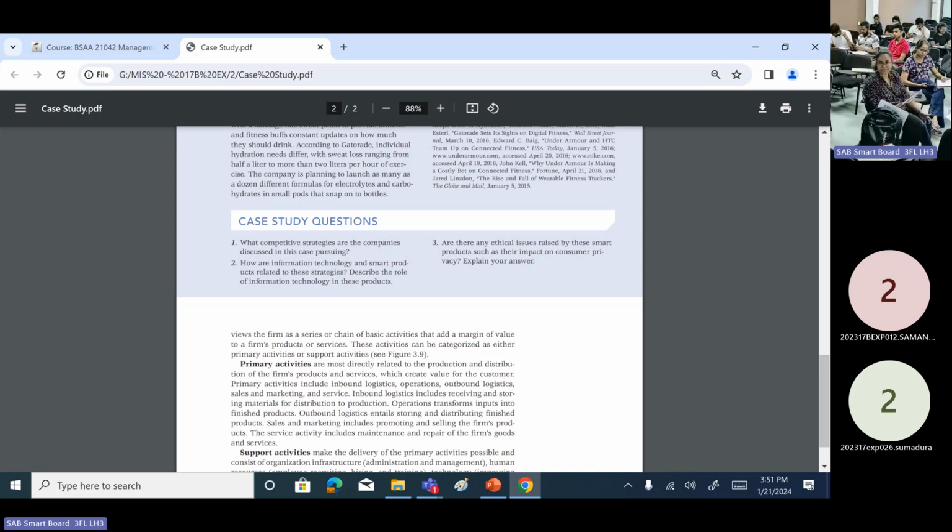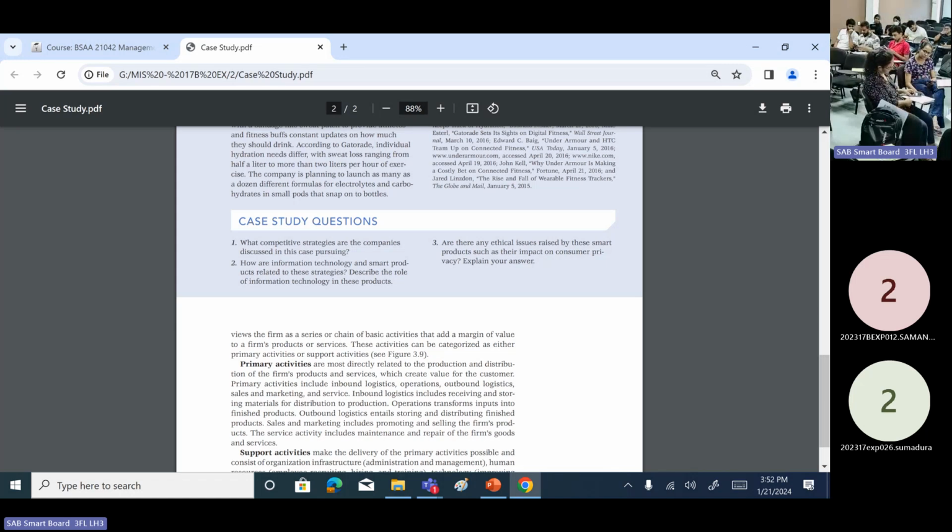And by using all this information, they are maintaining a customer database, using social media for them to produce new products. So different strategies with the support of the smart product for the technology, right?